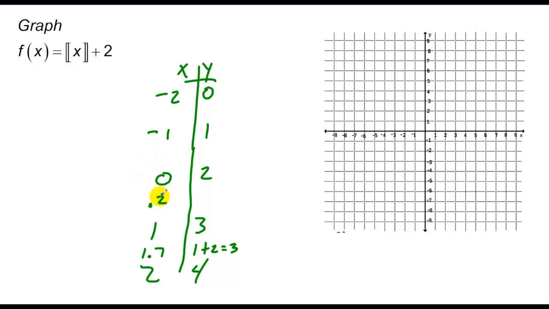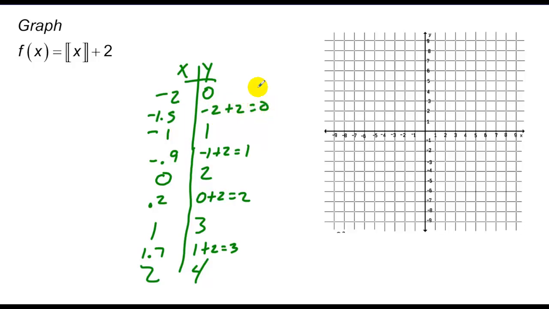The greatest integer of 0.2 is 0, and I add 2 to that, and I get 2. Let's take negative 0.9. The greatest integer of negative 0.9 is actually negative 1, plus 2 equals 1. And let's go negative 1.5. The greatest integer of negative 1.5 is negative 2, plus 2, which is 0.